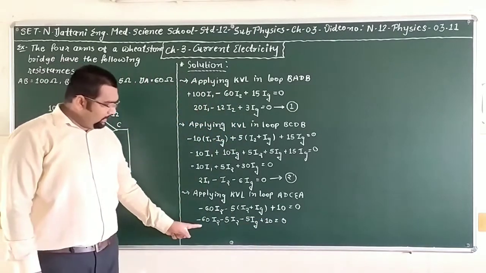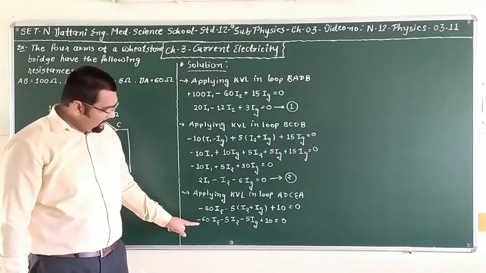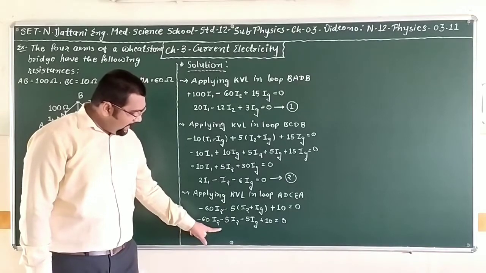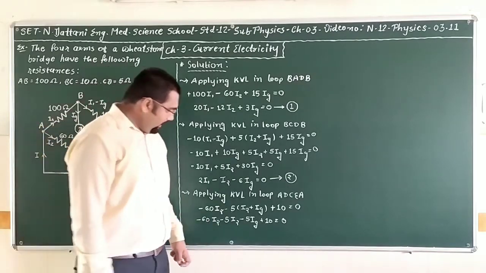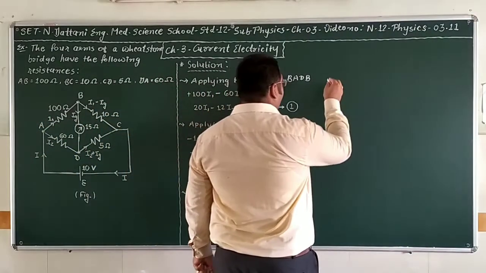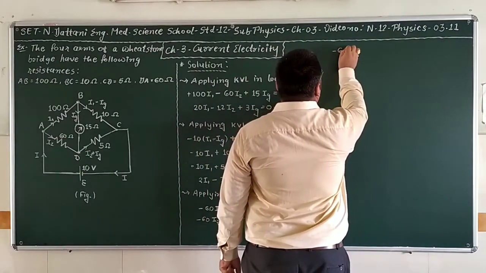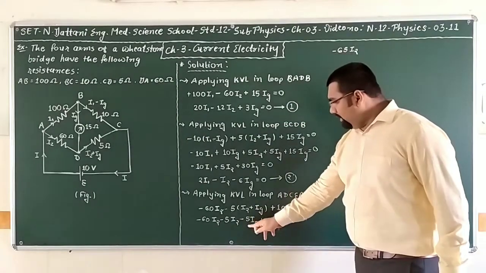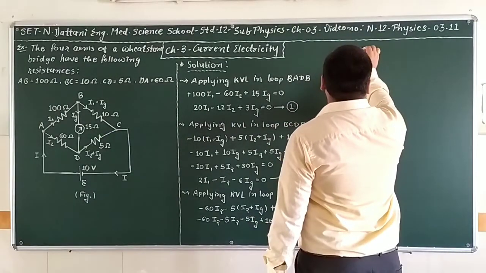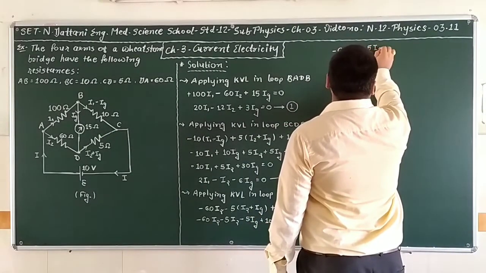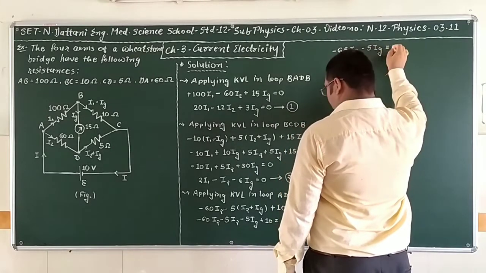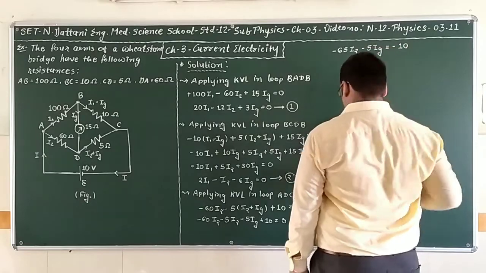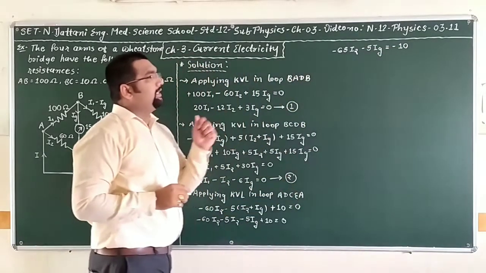So this is our equation: minus 60 I2 minus 5 I2, that is minus 65 I2, minus 5 Ig, and 10 will be negative at the opposite side, so minus 10.